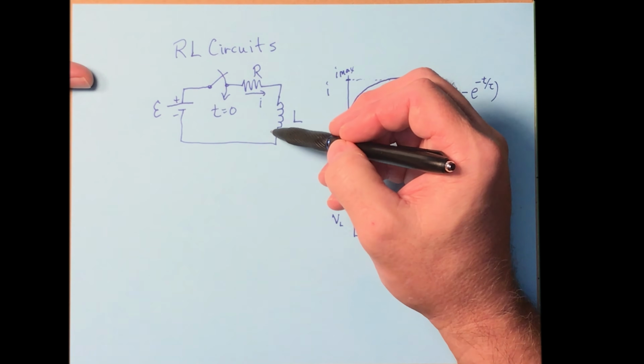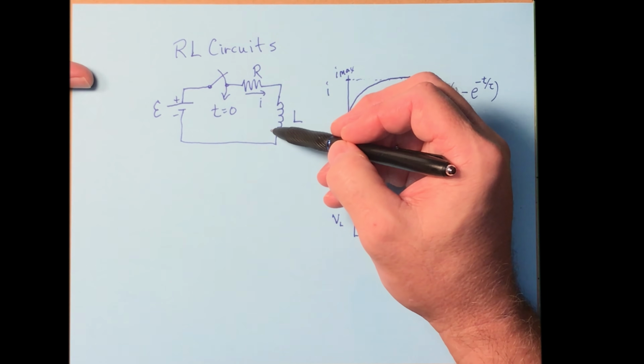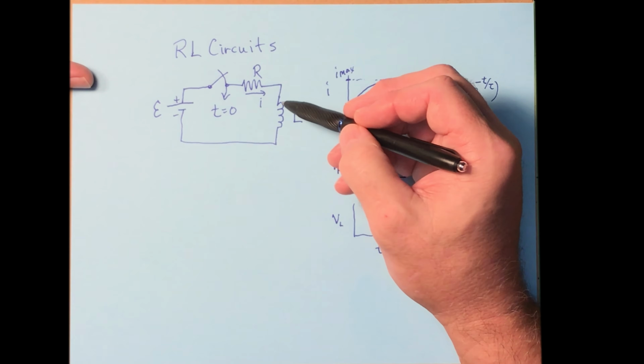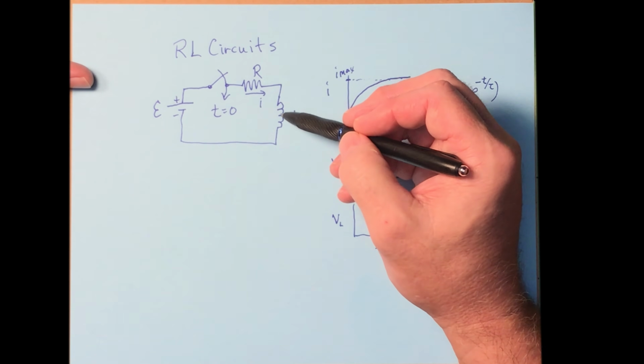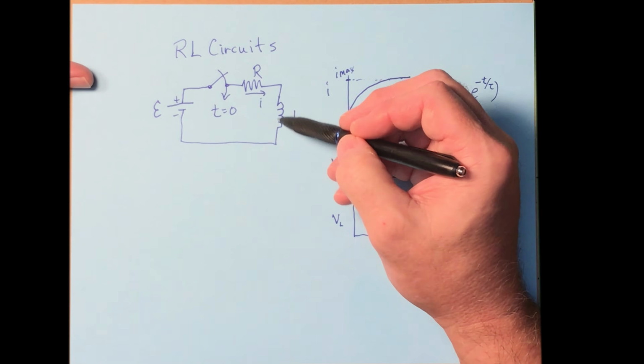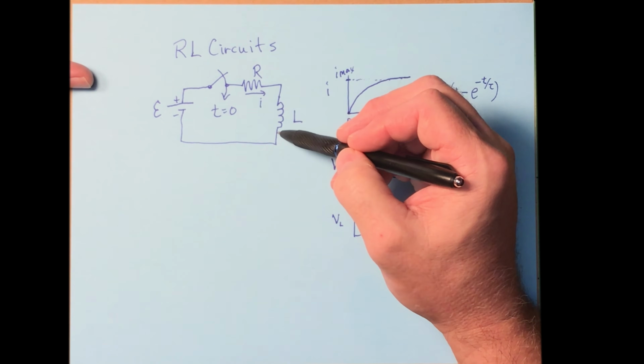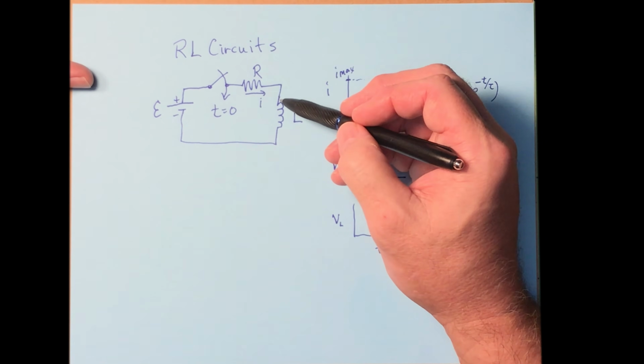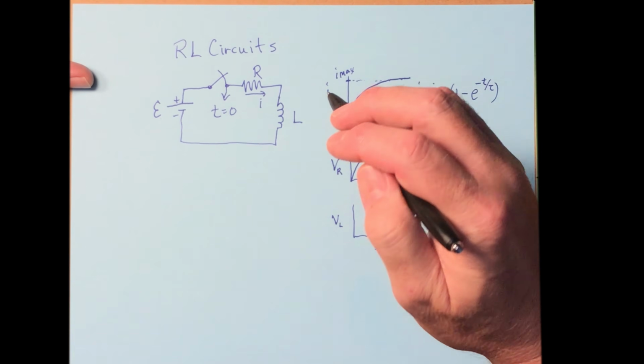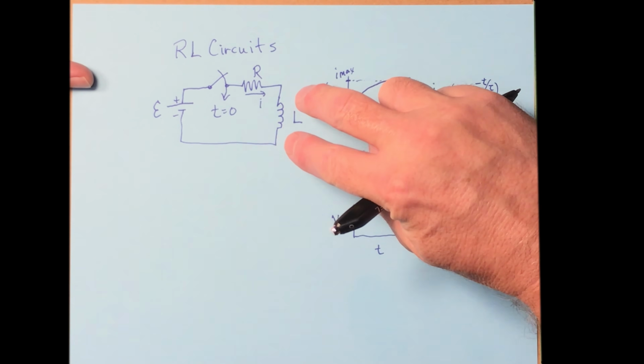And after a long time, the current is coming through here, and this behaves just like a piece of wire. In other words, this might as well not even be here after a long time. So what's the potential across a piece of wire? The voltage across a piece of wire is going to be 0.